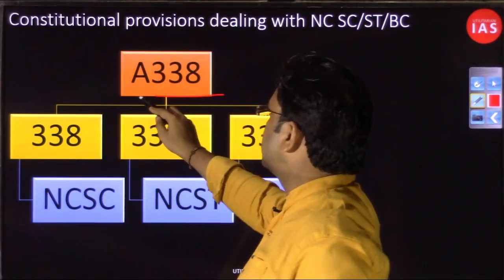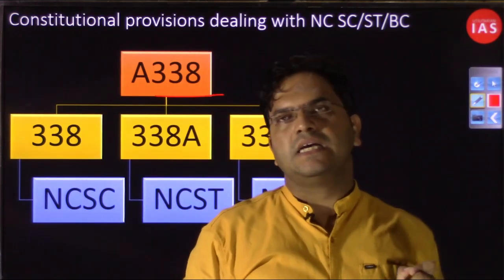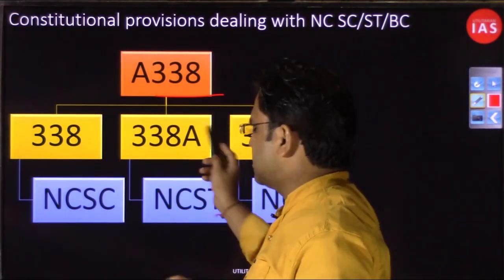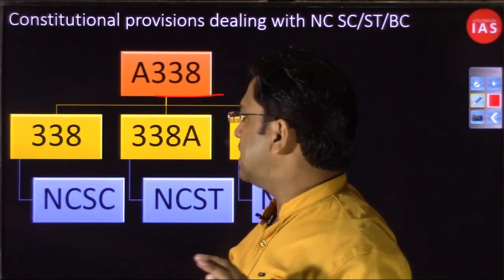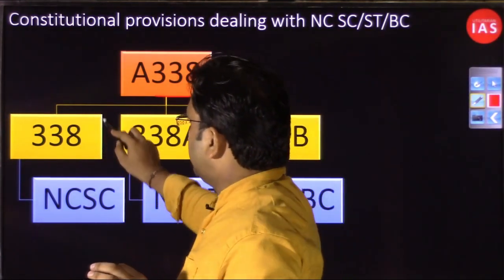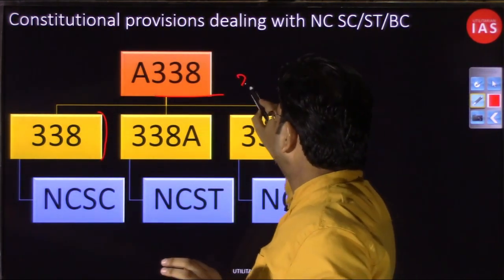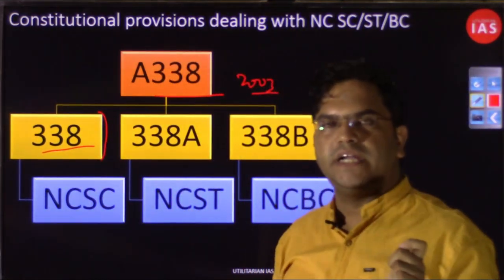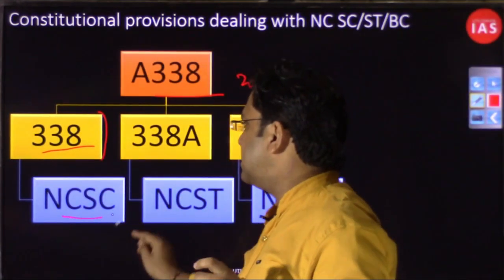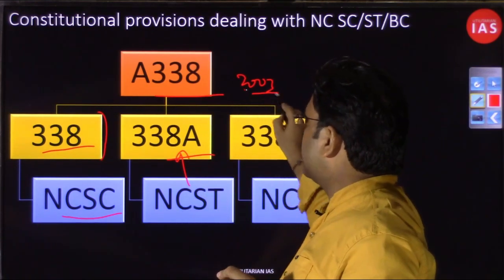Initially, Article 338 had the provision for a special officer for SC and ST. Then, with the passage of time and the evolution we just saw on the previous slide, you will notice that initially 338 dealt with the interests of SC and ST. In 2003, when the bifurcation happened, Article 338 deals with NCSC, and Article 338A deals with NCST.